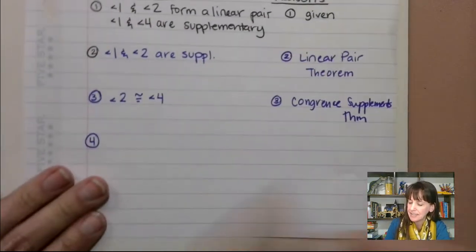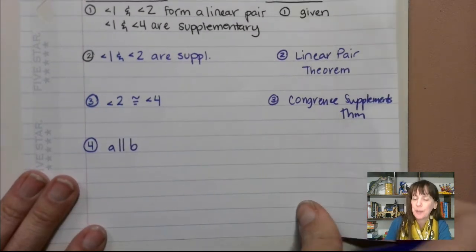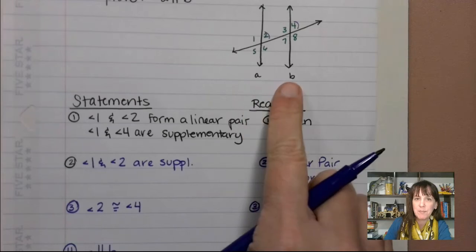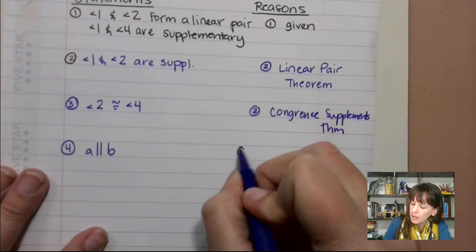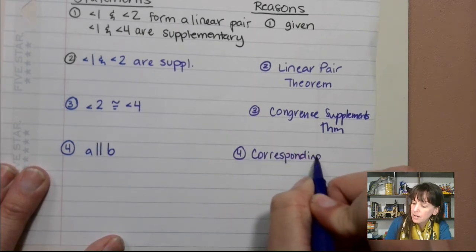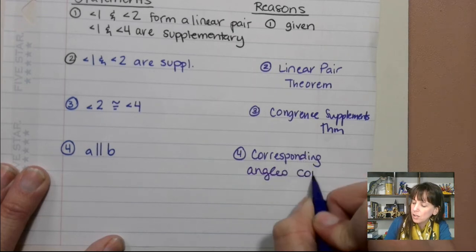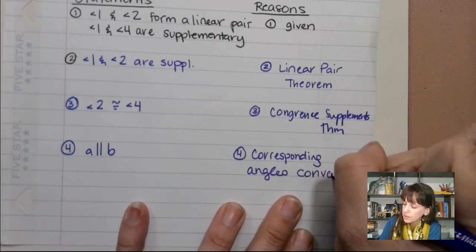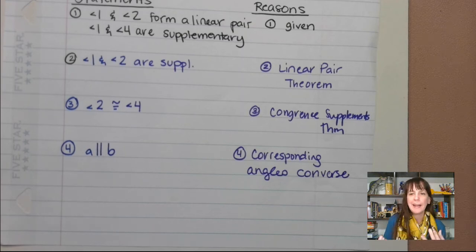So what we can say is, line A is parallel to line B. These guys are parallel because of corresponding angles converse. So if you're proving that they are parallel, make sure to throw the word converse in there. You're looking for that angle relationship and then putting converse at the end of it. Hope this helps.